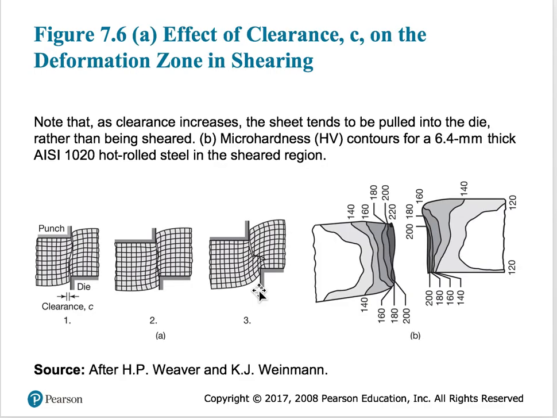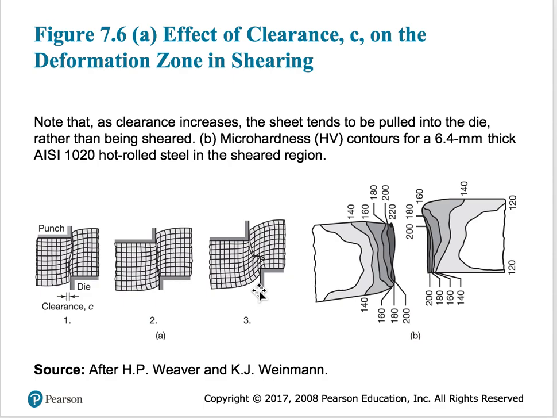And if you need a really smooth surface, it means that the sheet metal has to be very ductile, and the roughness will decrease with sheet thickness and clearance.